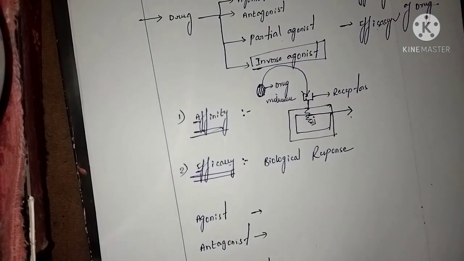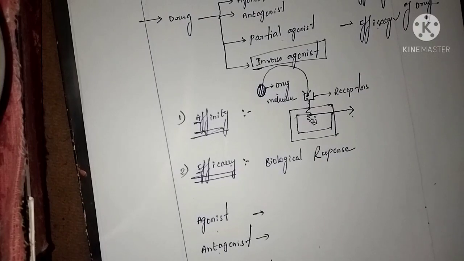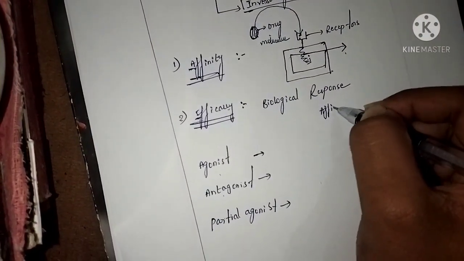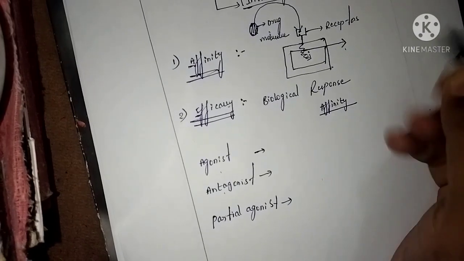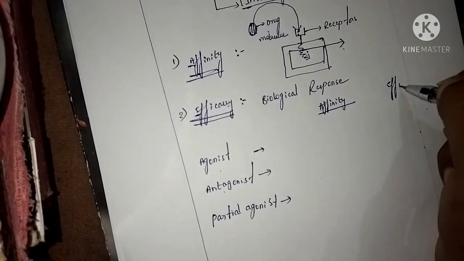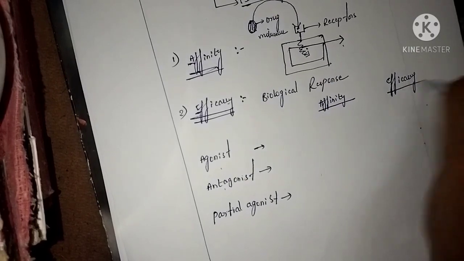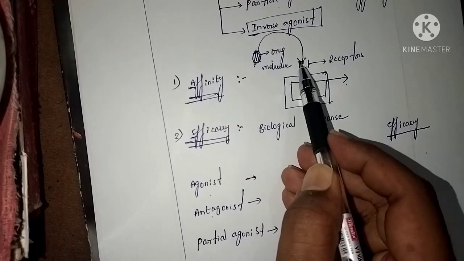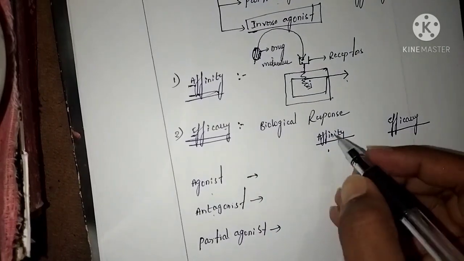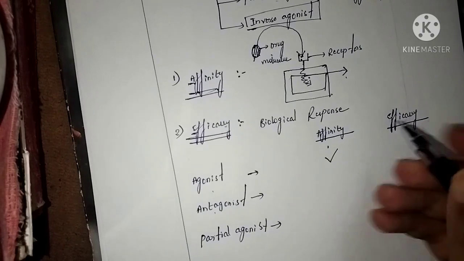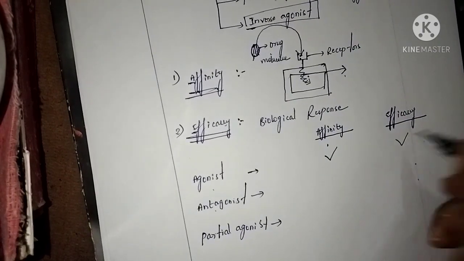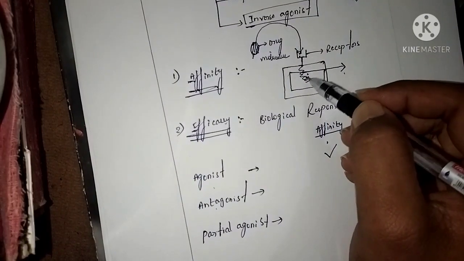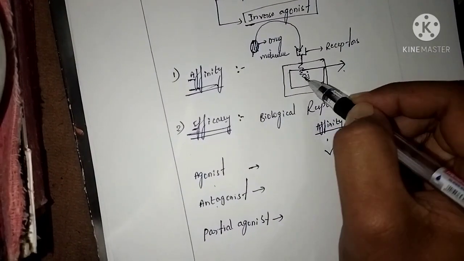Now we are going to compare agonist, antagonist and partial agonist with affinity and efficacy. I said that affinity means the tendency of drug molecule to bind to the receptor. For agonist, affinity will be present, and efficacy is also present. What is efficacy? After binding to the receptor, there must be biological response within the cell.